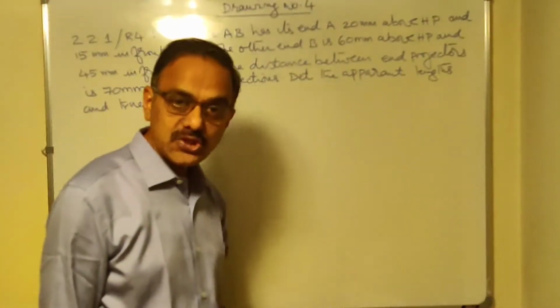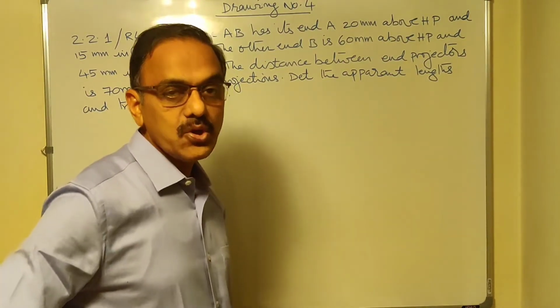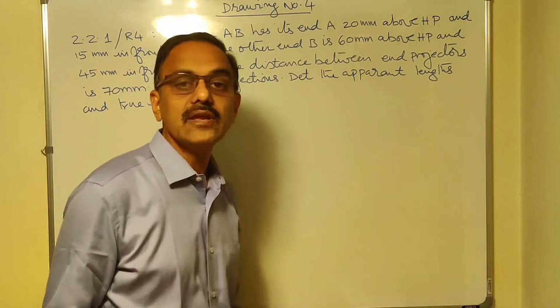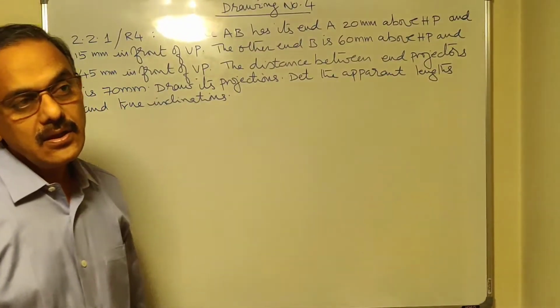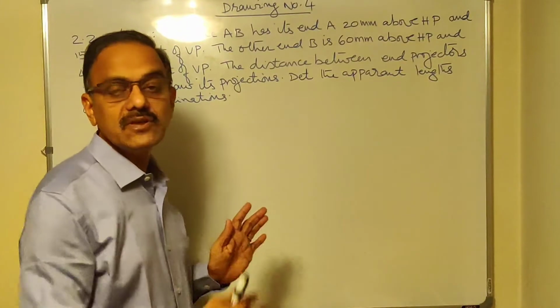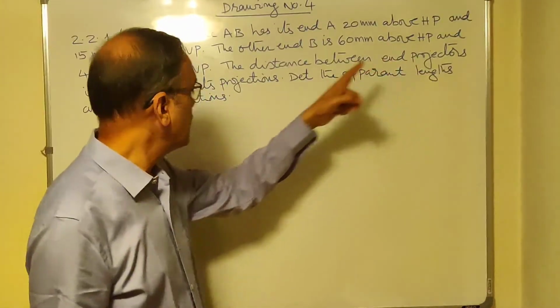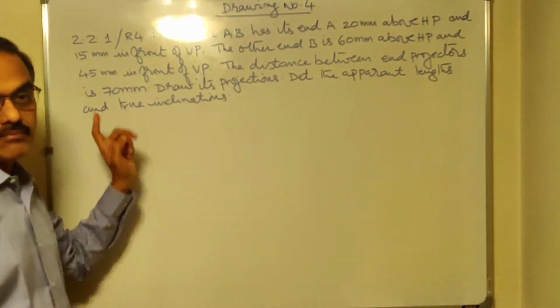So you are given the position of both the points A and B with reference to VP and HP. So you can draw 2 projectors, one for A and the other for B. Now if you want to draw 2 projectors for A and B, what should be the distance between these projectors? That is what is given here. The distance between the end projectors is 70 mm.